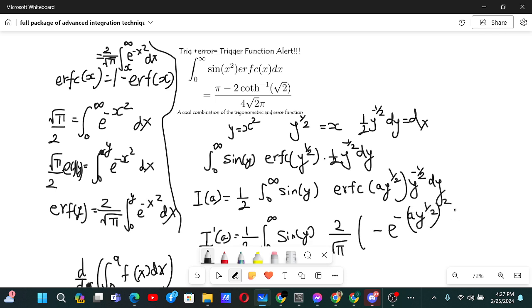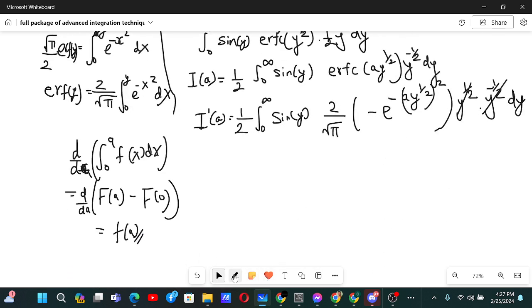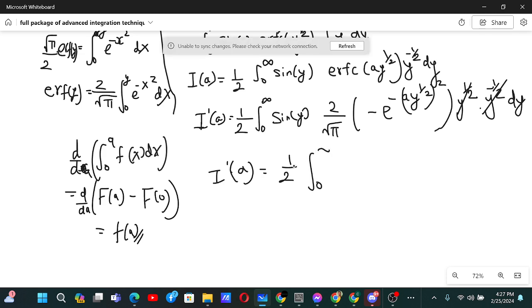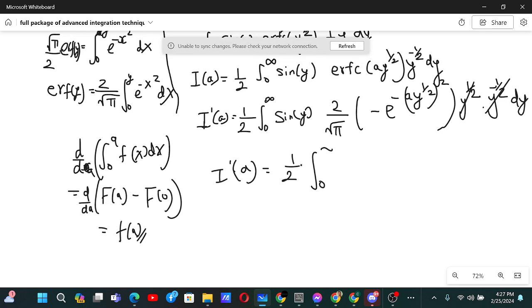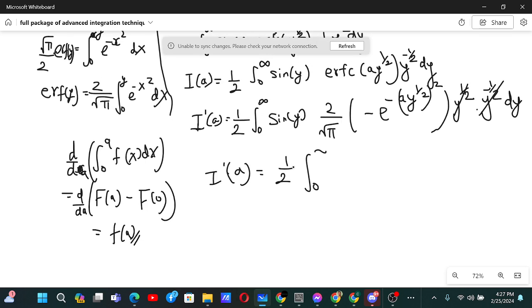Then differentiate this with respect to a, and we get y to the power 1 by 2 as a constant, and this is already there as a constant, dy. Now these do cancel out, so we have I dash of a equals 1 by 2 integral from 0 to infinity. Also we have, oh, what happened?